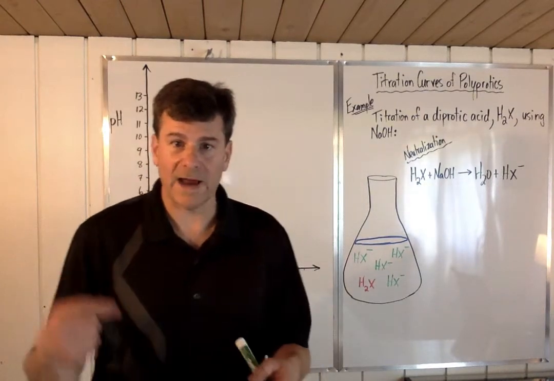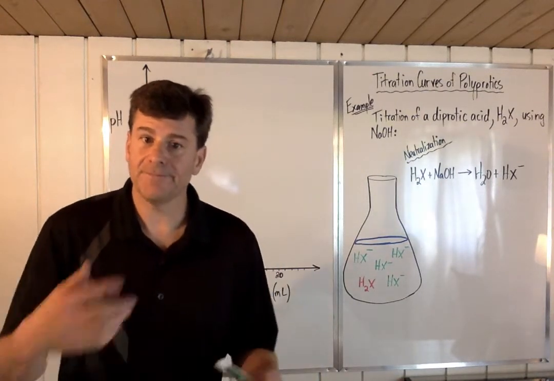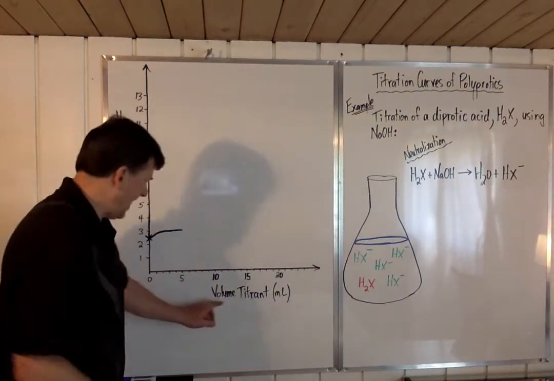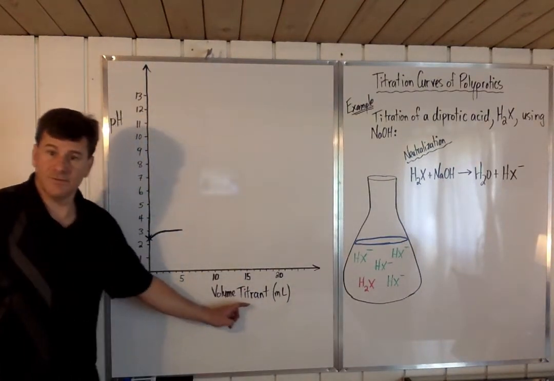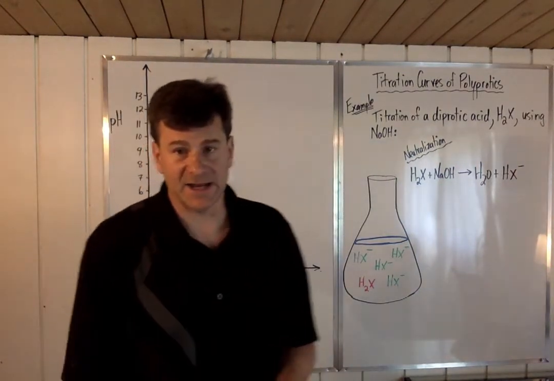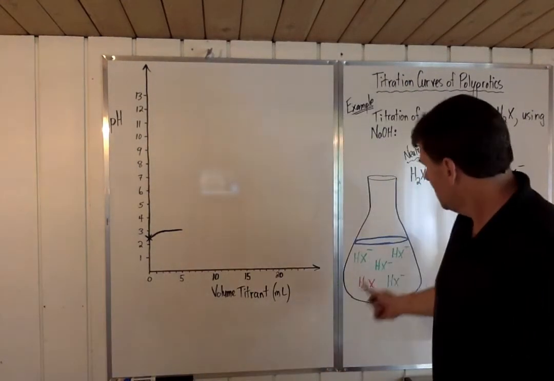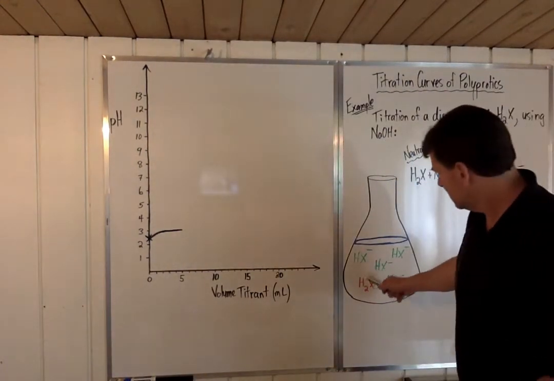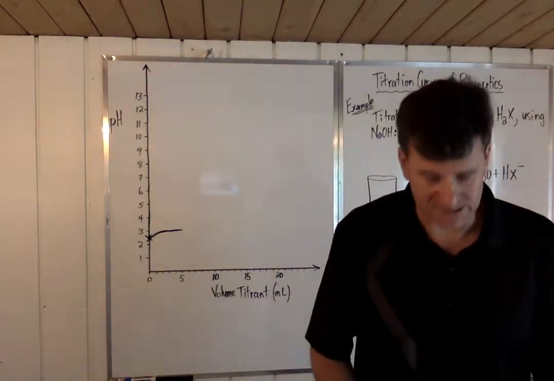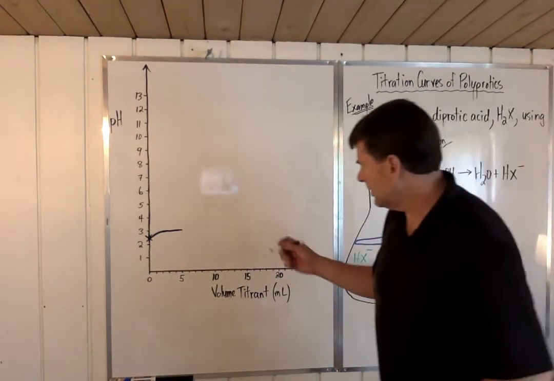Okay, so we're adding NaOH so far, right? We're dribbling it in. We're adding the titrant over here. So we're adding and adding and adding, and as we're adding it, we're making more HX minuses, and we're removing H2X's. So what we're doing is we're going through the titration.